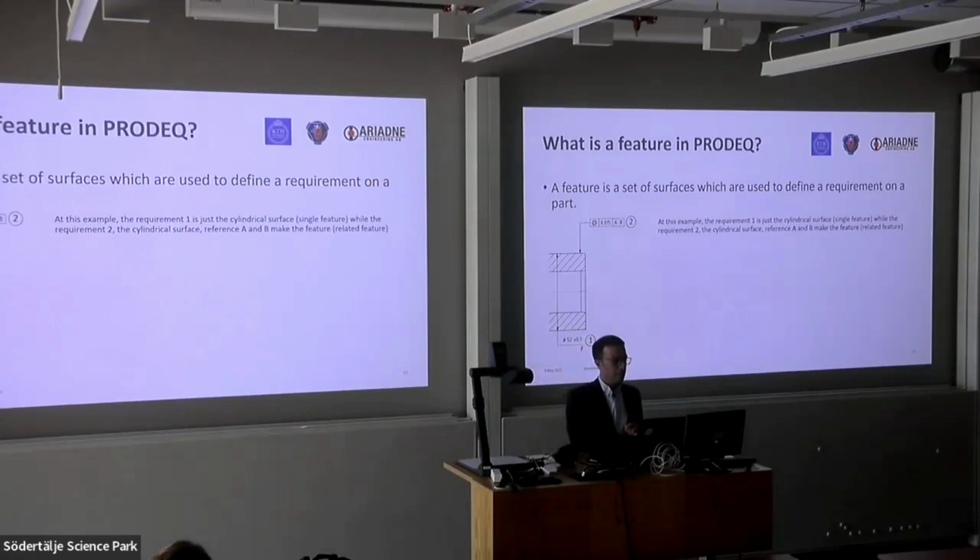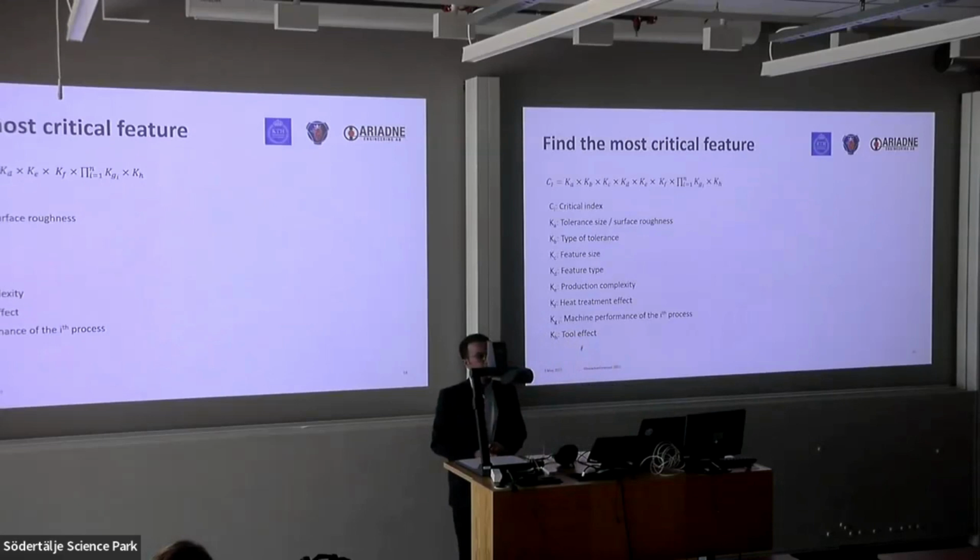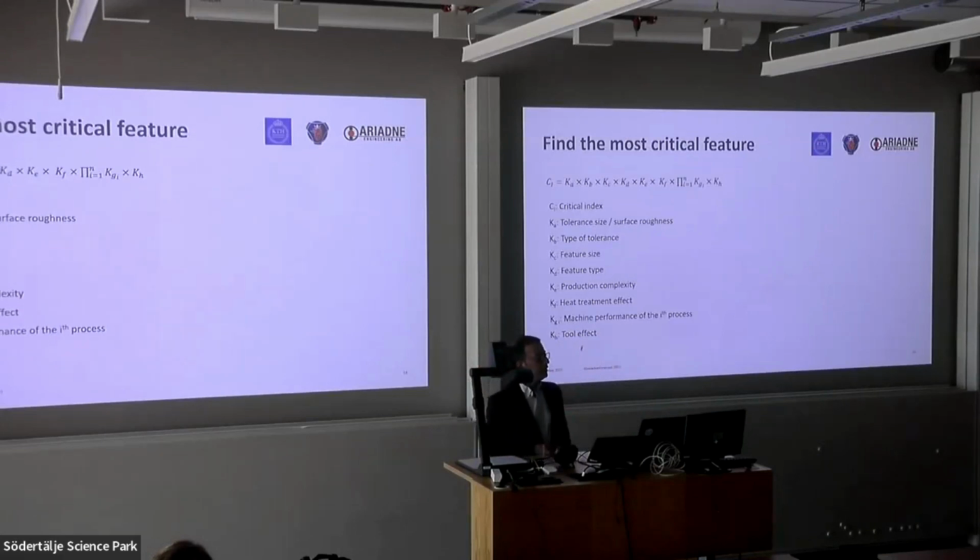And when we see this requirement as a concentricity between these two references, we consider all of them as a feature. So we have defined an index to measure the criticality of a feature, and it includes 8 different parameters.